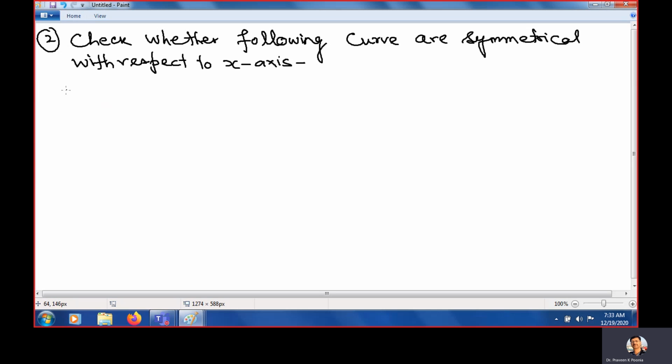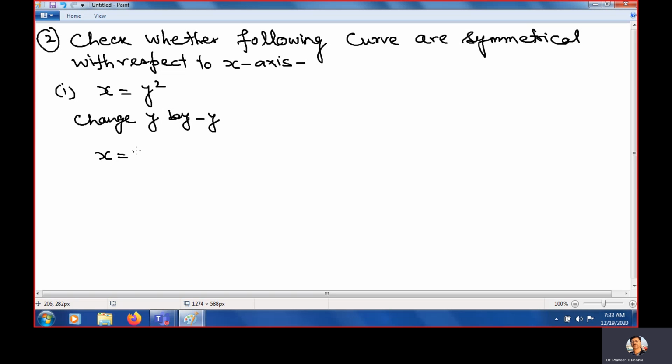Clear? So there will be a curve, like the curve x = y^2. So we need to check whether this curve is symmetrical about the x-axis or not. So how do we check it? Change y by minus y. Clear?